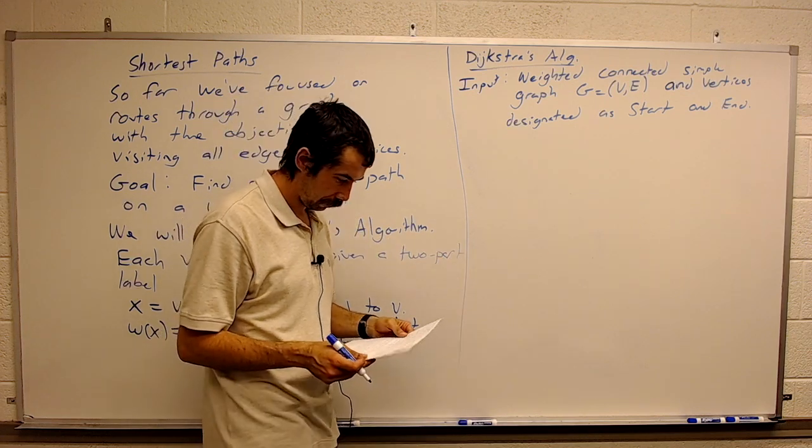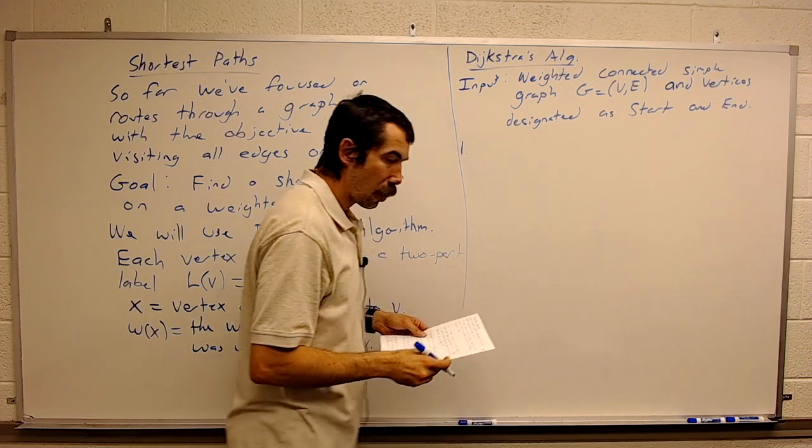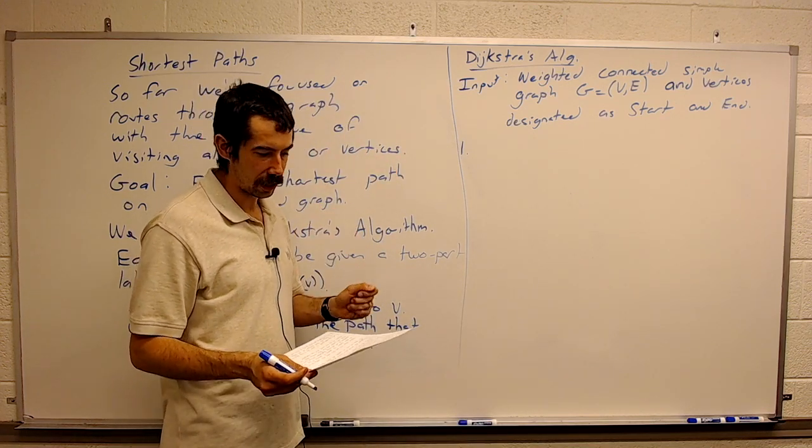All right? So the first step is we're going to assign some initial labels to the vertices.